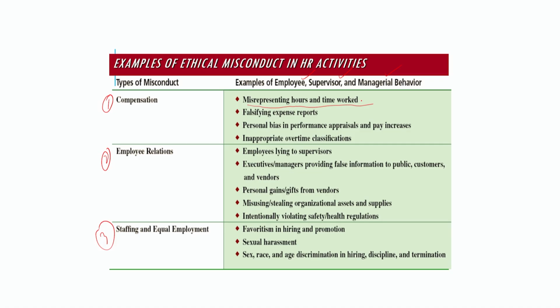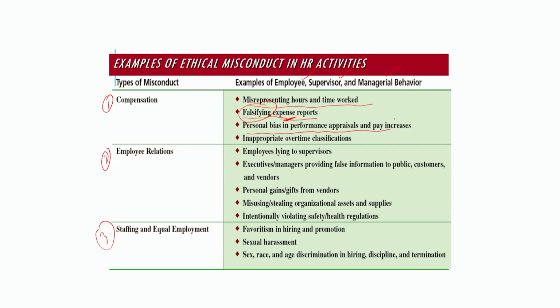By this, they can have a higher amount of overtime, and this is a money-oriented unethical behavior. Falsifying expense reports: they may come up with additional expenses which they have not incurred in terms of the bills that they have produced. So they have falsified the expense report.